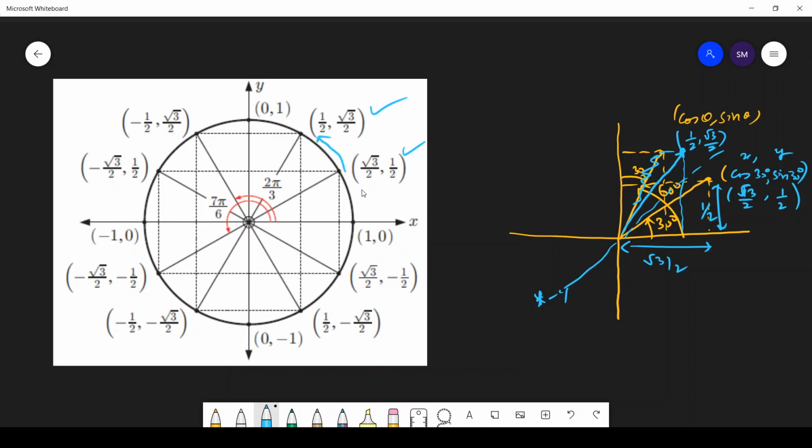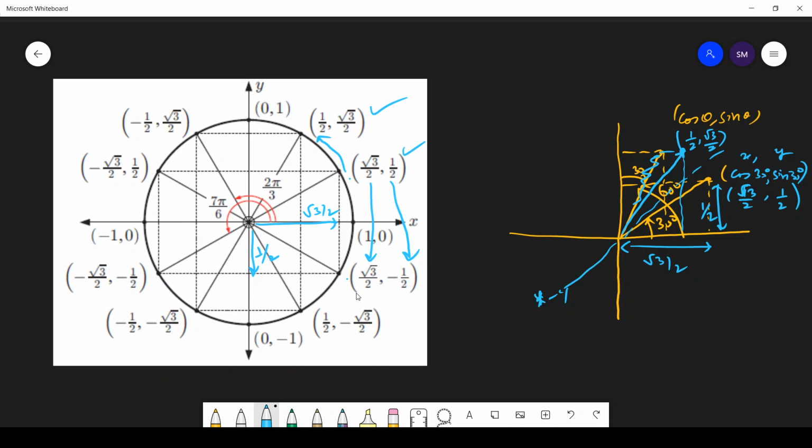Now see, this and this, what is the difference? This length remains root 3 by 2, but this length will become minus 1 by 2. That is why minus 1 by 2 here and root 3 by 2 here, because x is positive. Okay. But here we have cos equal to root 3 by 2.